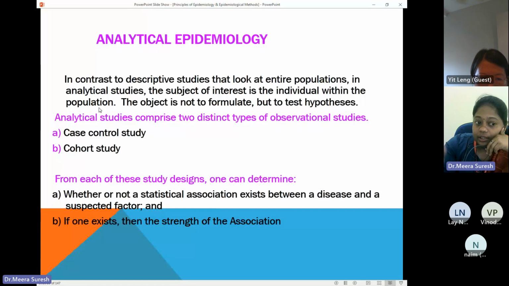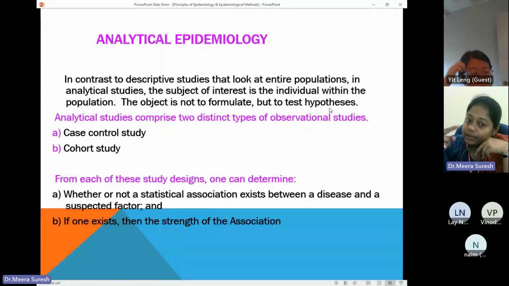All other studies, cross-sectional, case control, cohort, or RCT, the randomized control trial or experimental study, have the individual as the unit. We are studying a group of people, true, but we know the result of each individual, and in the statistical analysis we consider each individual's report. So the unit here will be the individual. The object is not to formulate but to test hypothesis.